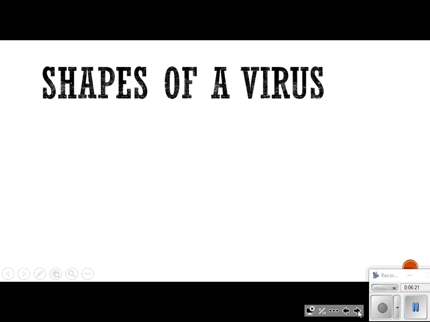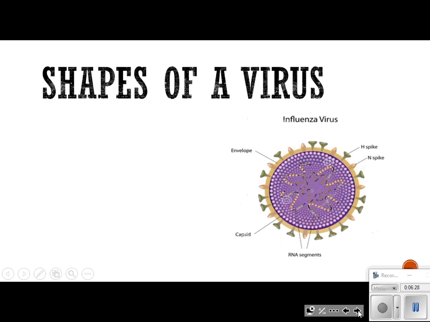Now, shapes of viruses. The very first one, this virus happens to be the influenza. You've probably had the flu before at one time or another. The influenza virus, that virus is what we call an envelope.